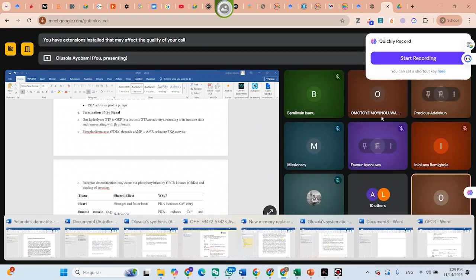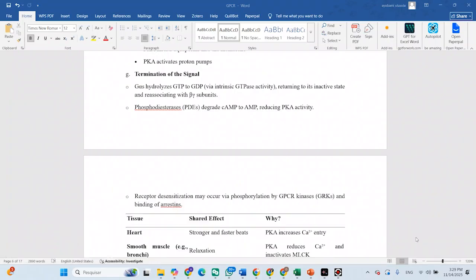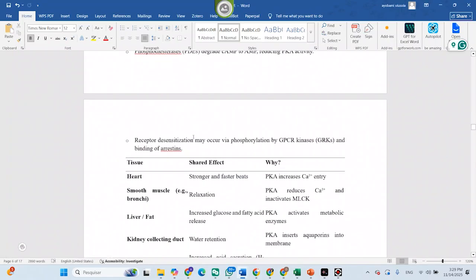Then we discussed mechanisms of termination of the activity of G-alpha S, or the G protein generally. We talked about phosphodiesterases, the intrinsic phosphatase activity, and desensitization. The same thing happens with opioids. When you are taking opioids for a very long period of time, there is desensitization, and this can lead to tolerance.